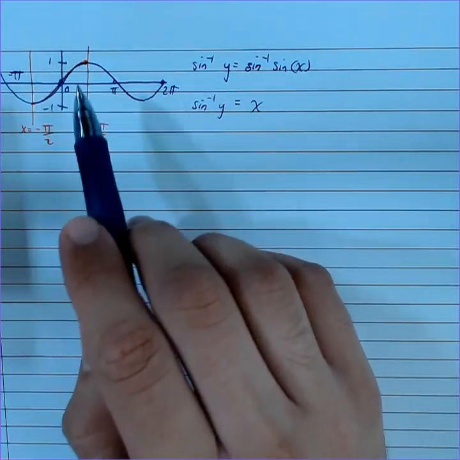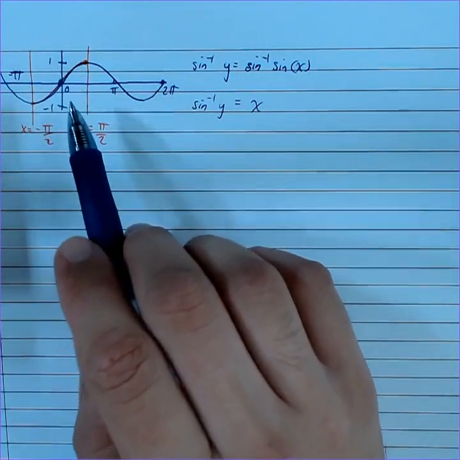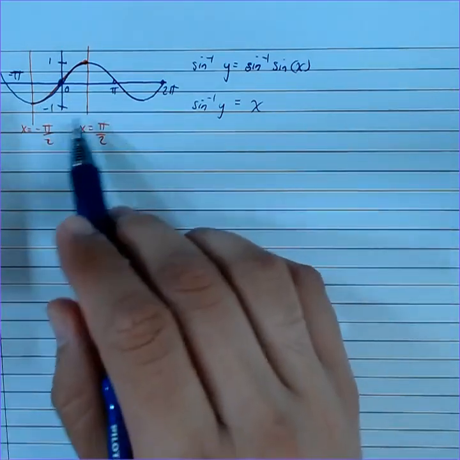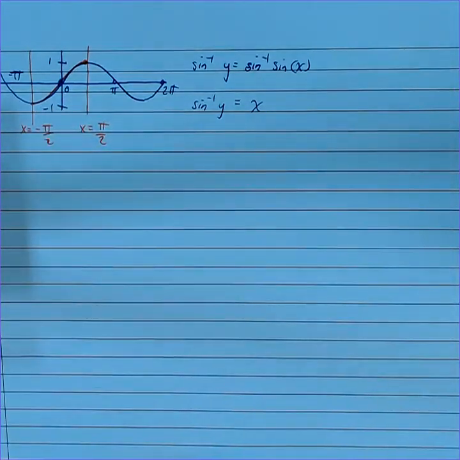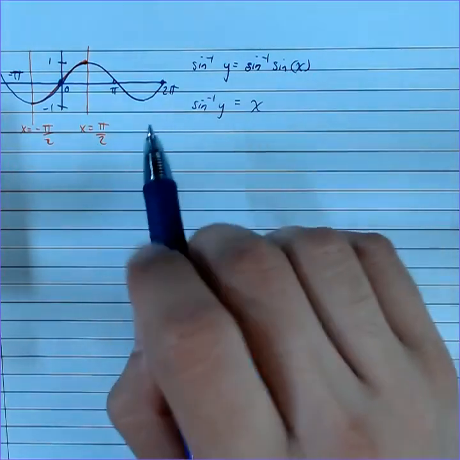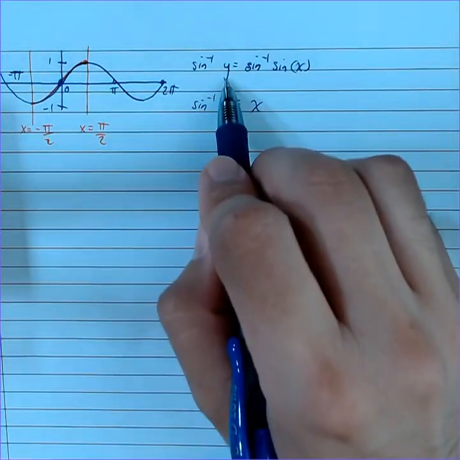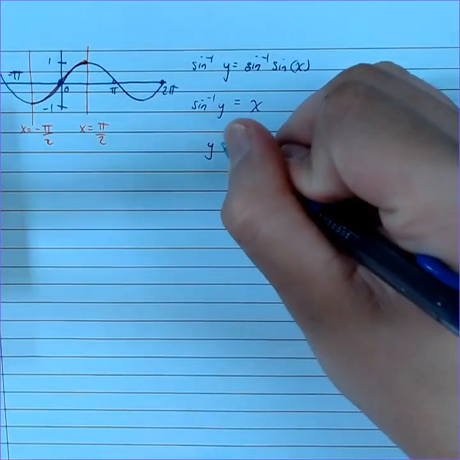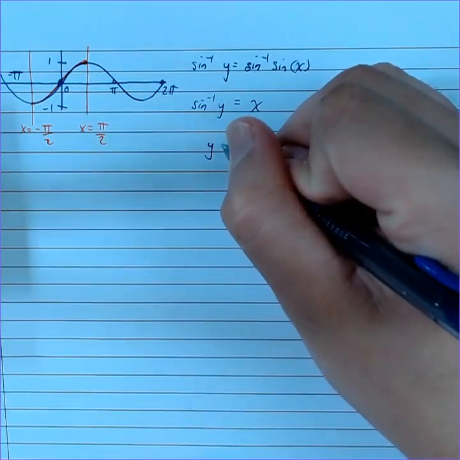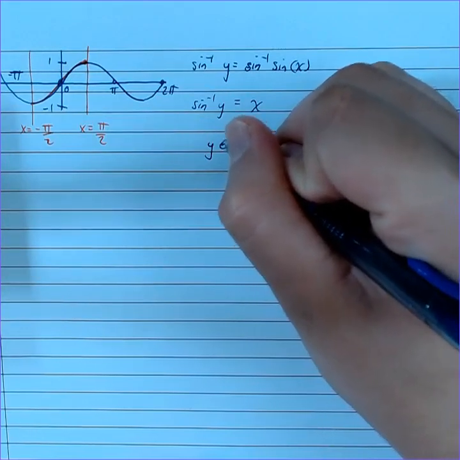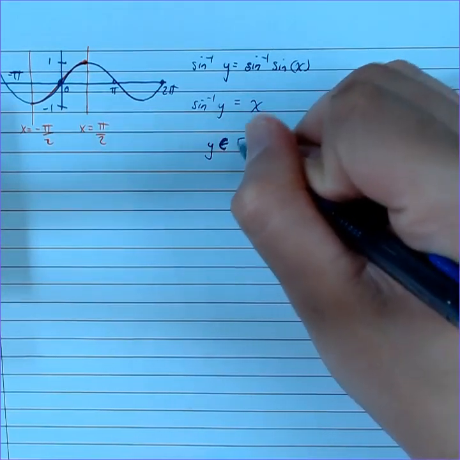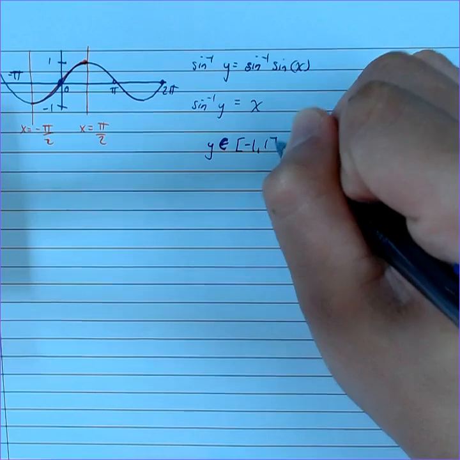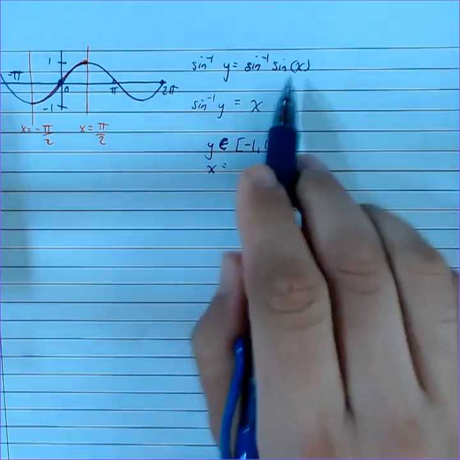But note that we are not defining it for all values. We're defining it only for these values in here. So what that means is this is only defined when, well, let's see, these y values go from -1 to 1. So y is an element of the interval from -1 to 1. And x, well, x is the domain.